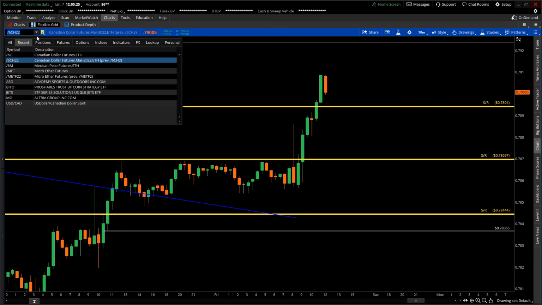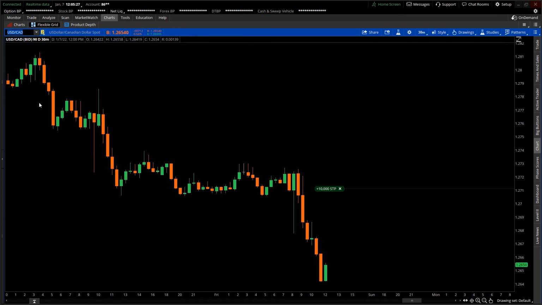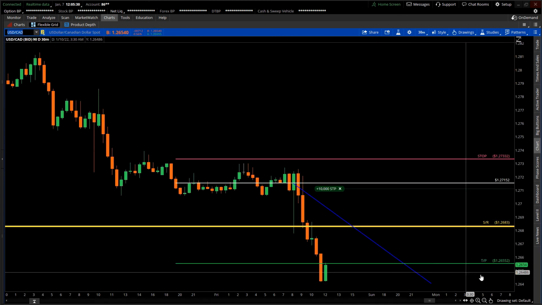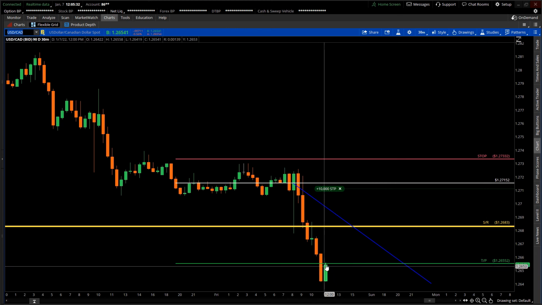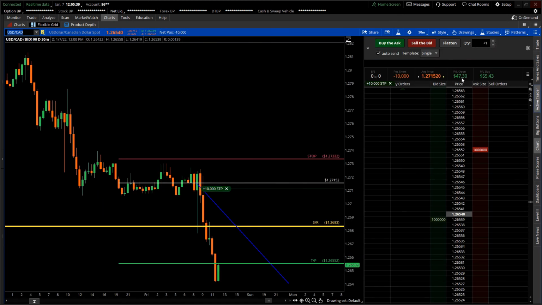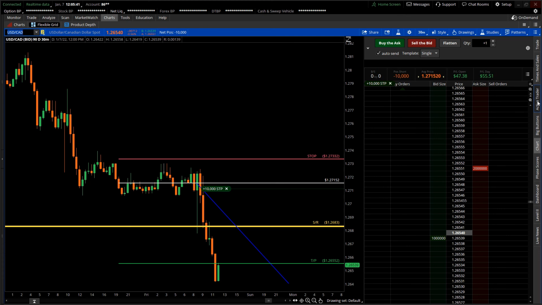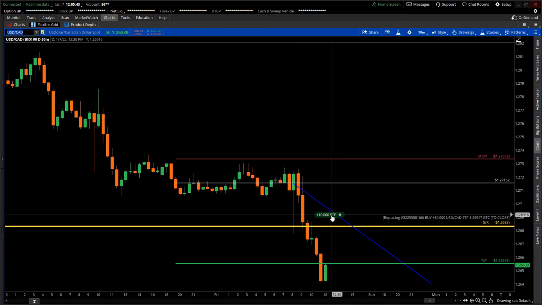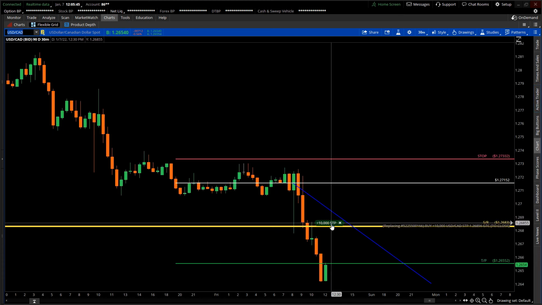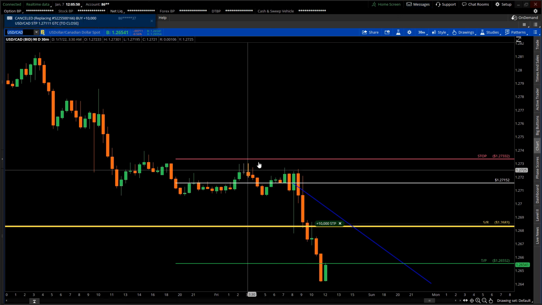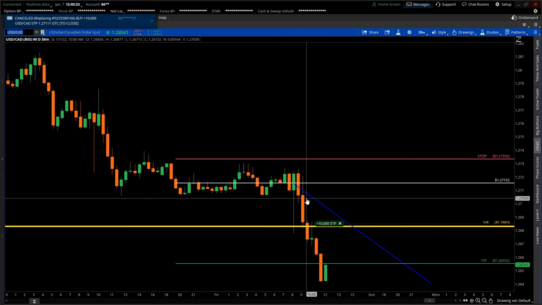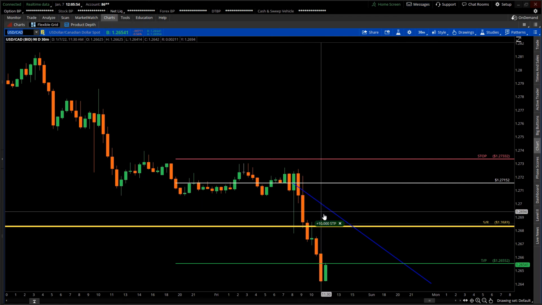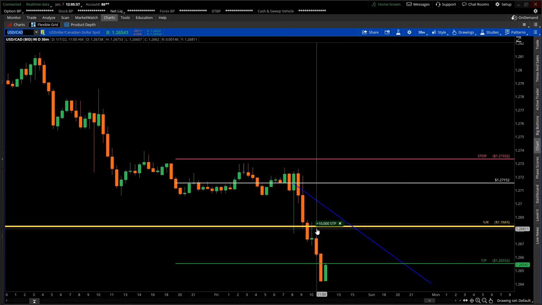If I toggle over to the US Canadian dollar, price is below my take profit. Actually, it's now acting as resistance, so hopefully that holds. The trade is at $47.30. As I had mentioned, I'll move my stop down here, so this way it's guaranteed profit at this point, but I'll let the trade continue.